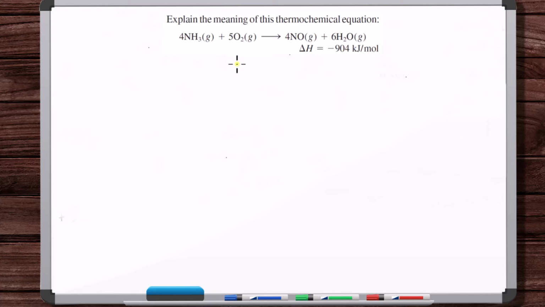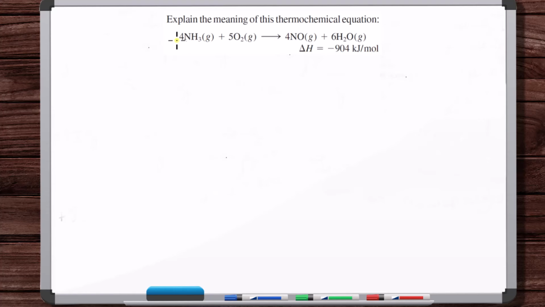We know that from the video where we went through the textbook, and as we're going to see in the next problem, if we multiply this by 2, then delta H changes to minus 1808 kilojoules per mole. The way you interpret this might be counterintuitive compared to other quantities in other areas of science, like density.